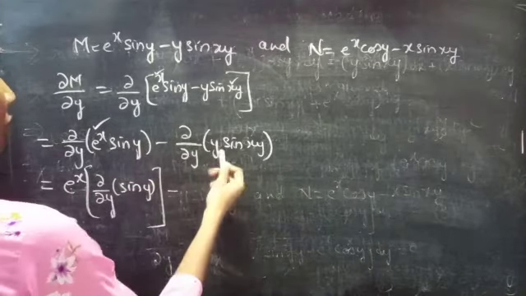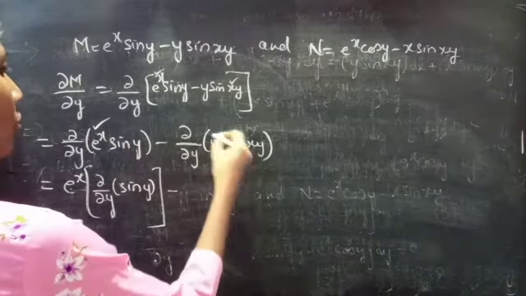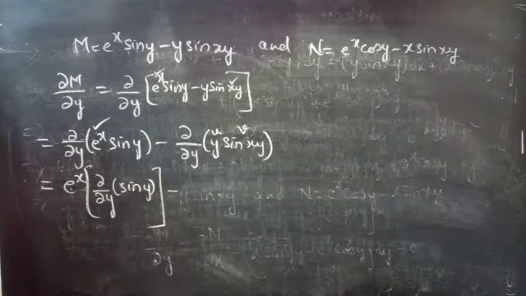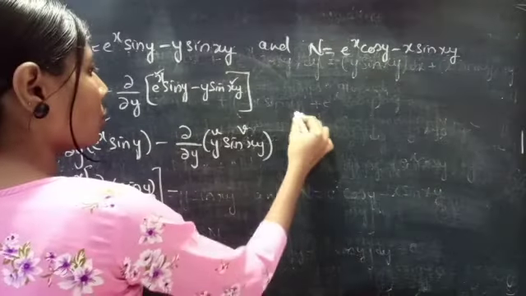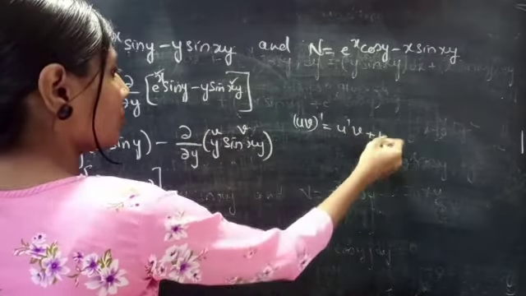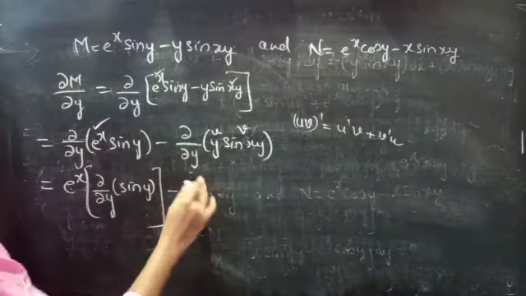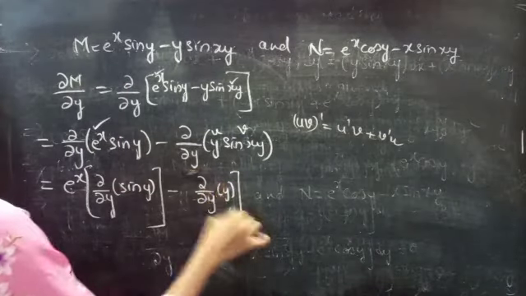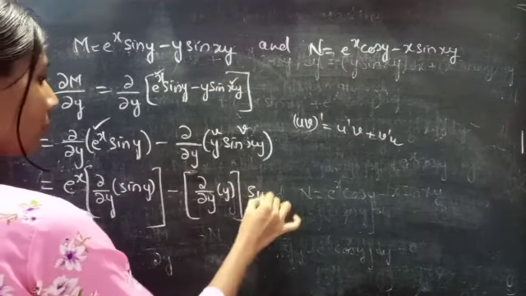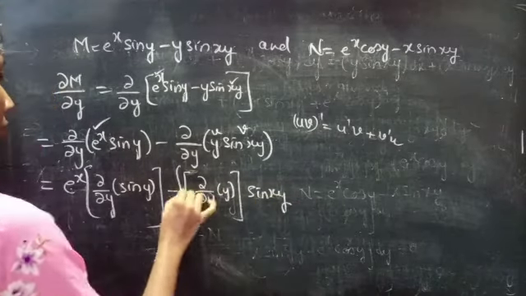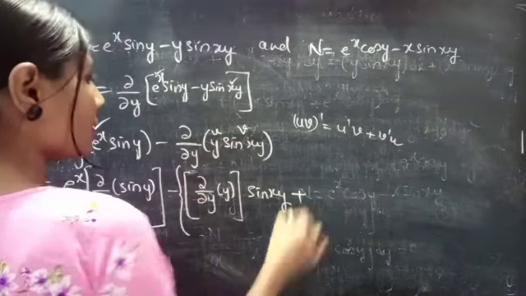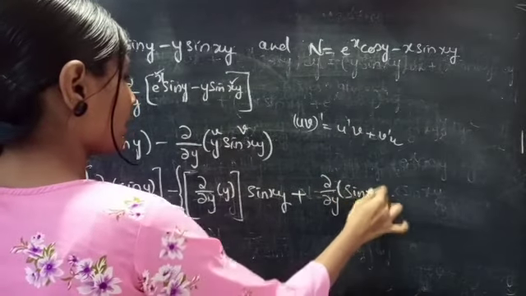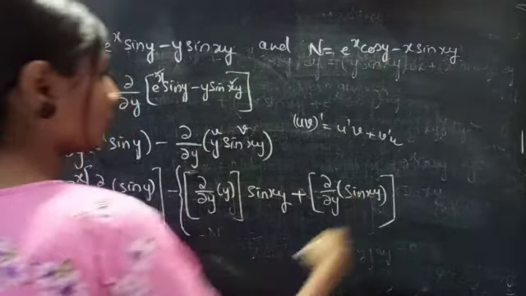Minus, here you have y sin(xy). So you can take y as u and sin(xy) as v. We know that (uv)' = u'v + v'u. Then you can write this as u' into v, ∂/∂y of y, plus v', ∂/∂y of sin(xy), into u.